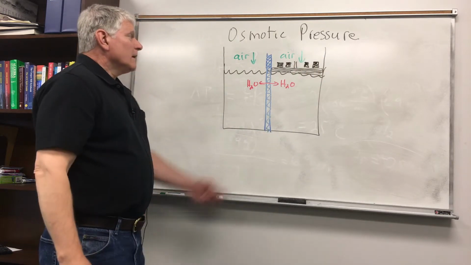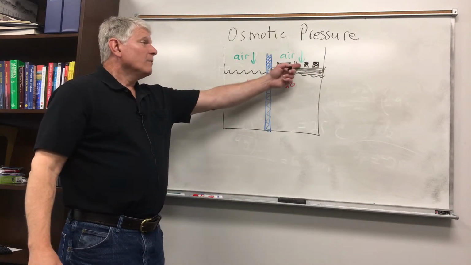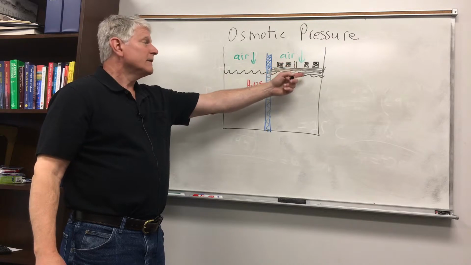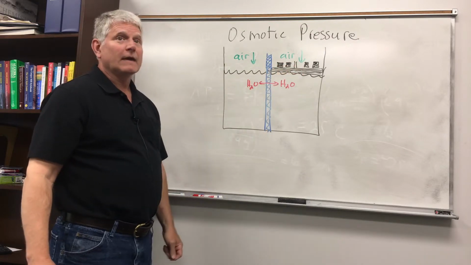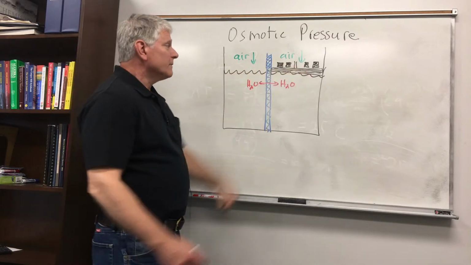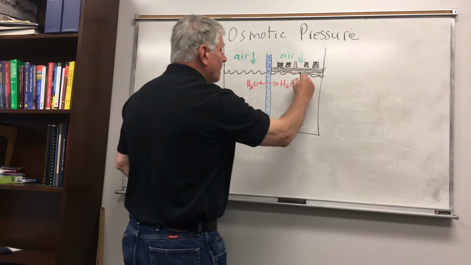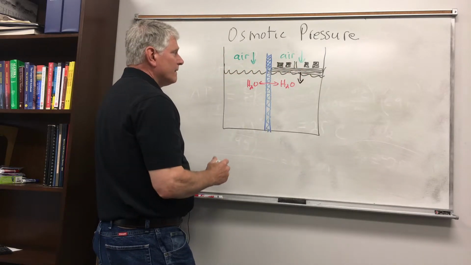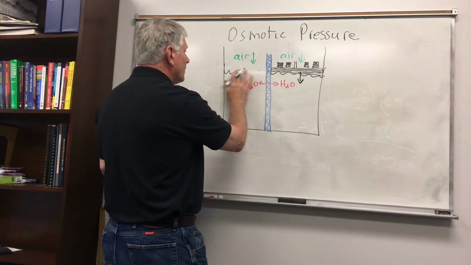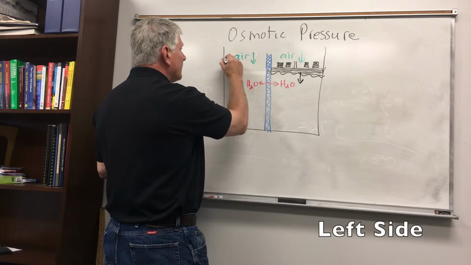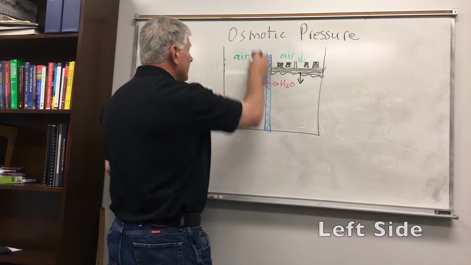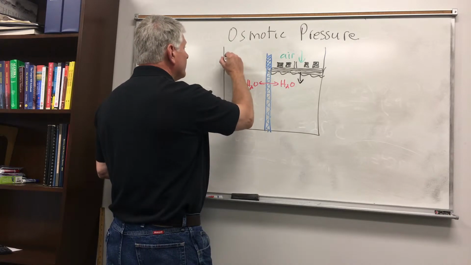So now we have more pressure sitting on top of the liquid in the right side, and so this piston is going to drop, and the level on the right side of the liquid will rise.